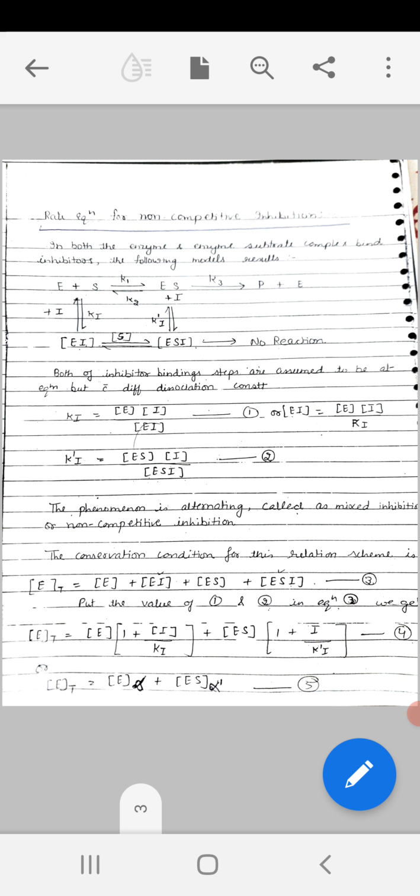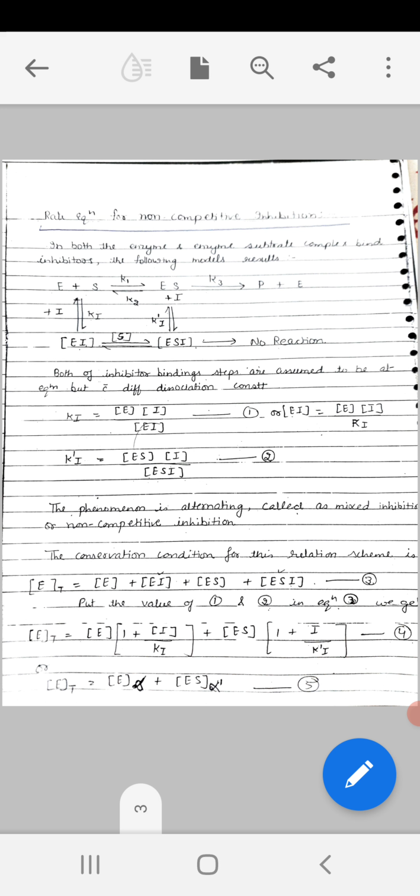In the second part, the enzyme E combines with inhibitor I with a rate constant of Ki and forms the EI complex. Similarly, the enzyme-substrate complex ES can react with I with a rate constant of Ki dash and form a complex ESI.